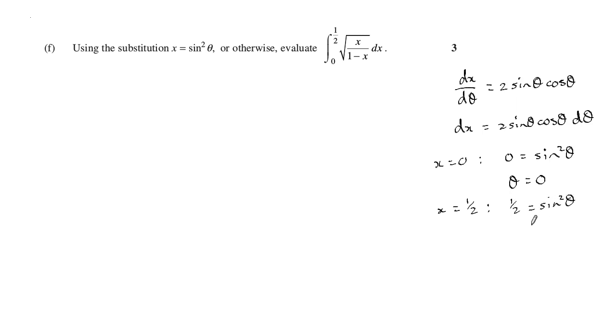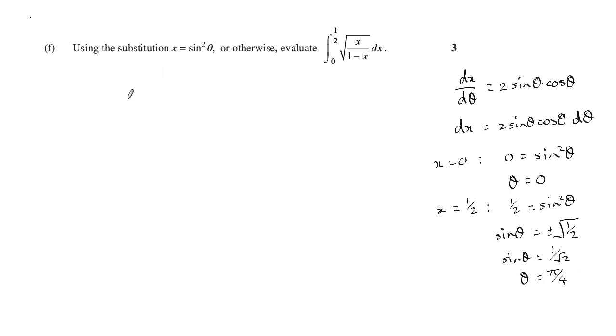We want to use the positive square root. So normally it would be plus or minus root 1/2. But we want to pick the first positive value of theta that will solve this. So let's just take sine theta as 1/√2, which gives pi on 4.